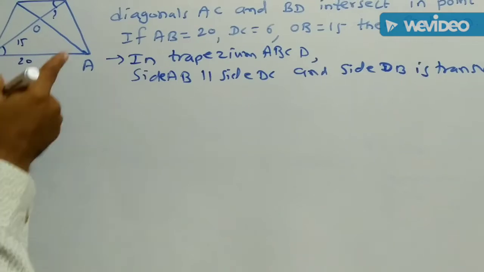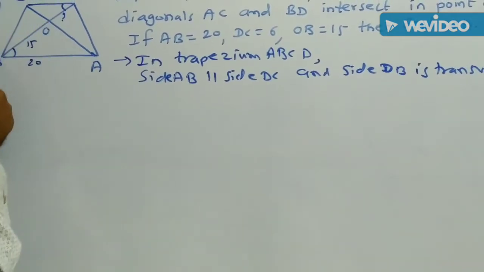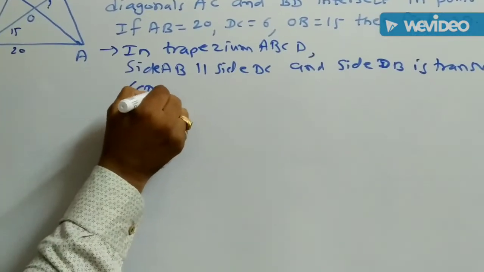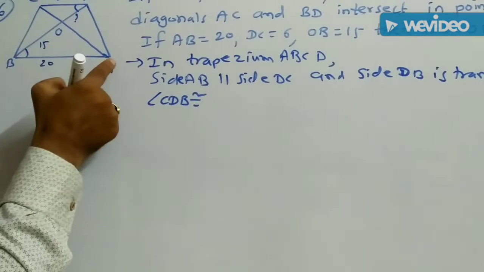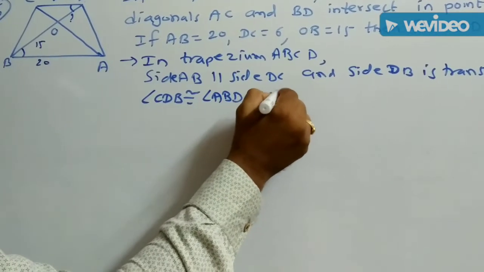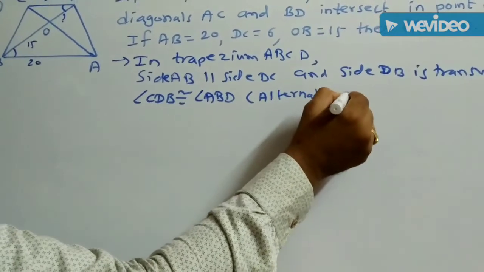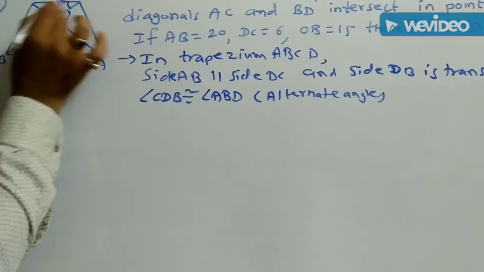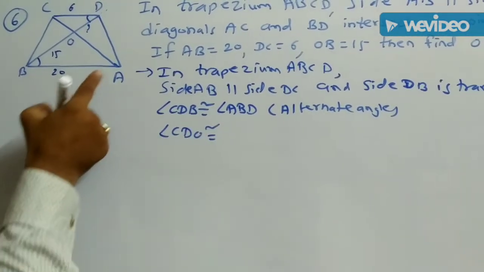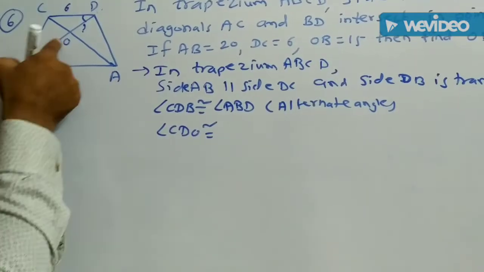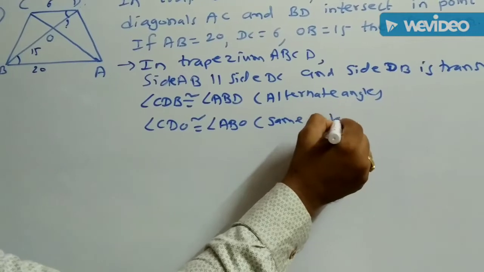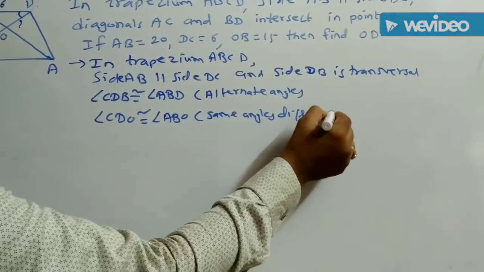That is angle CDB congruent to angle ABD, reason alternate angles. Angle CDB can be written as CDO, same angle different name. Angle ABD can be written as ABO, reason is same angles different name.